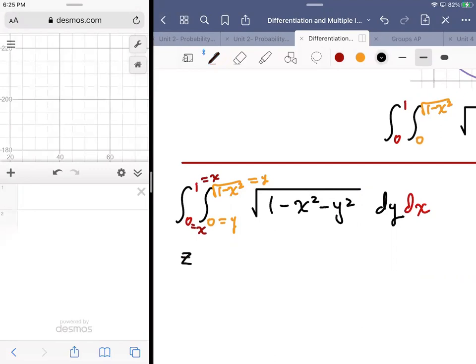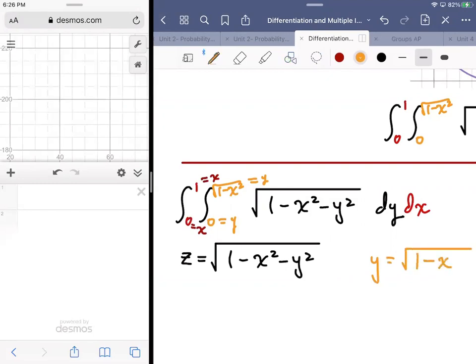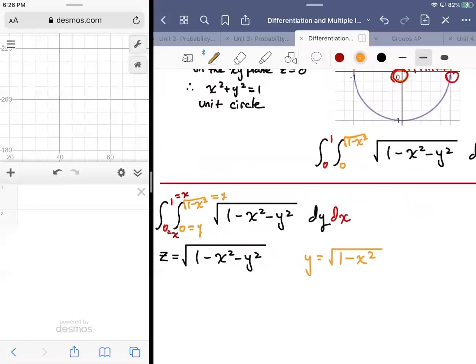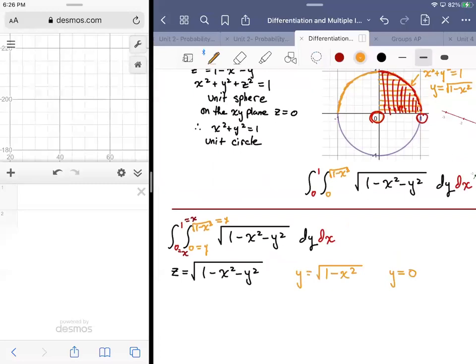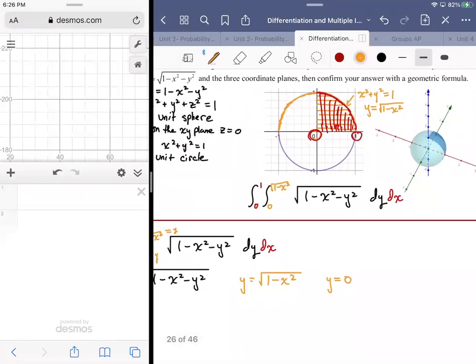So we have z equal to the square root of all this stuff. I have y equals the square root of 1 minus x squared. We have y equals 0. Then we have x equals 0 and x equals 1.